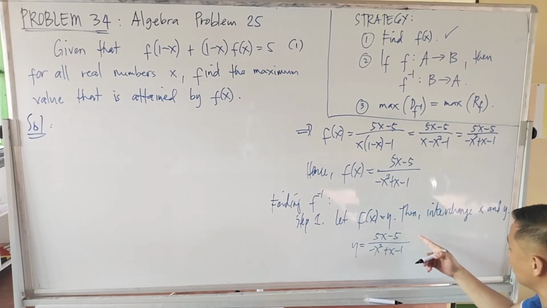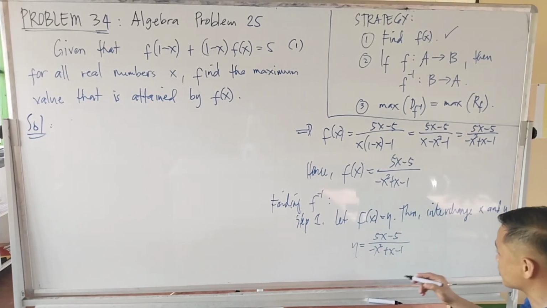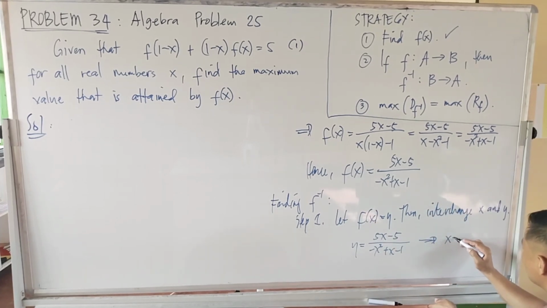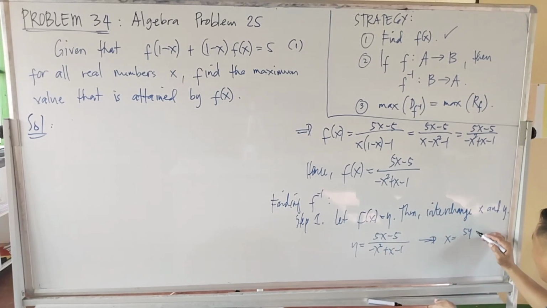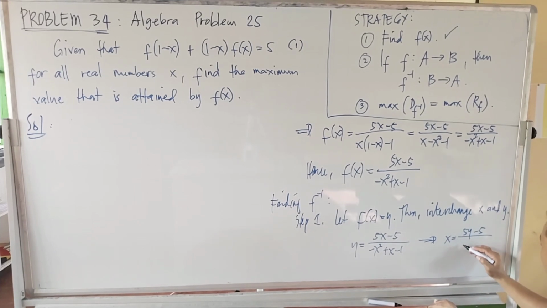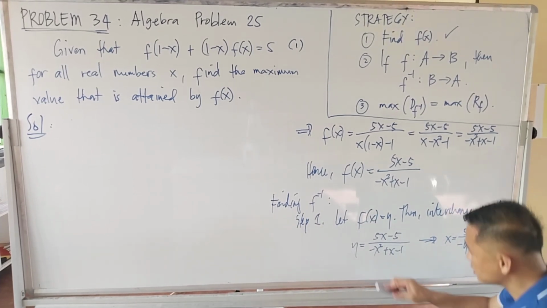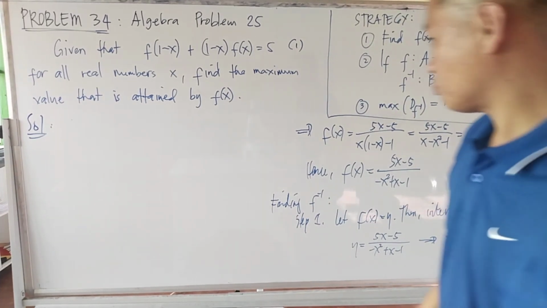Okay, then after that, we're going to interchange x and y. So this follows that we have x is equal to 5y minus 5 over negative y squared plus y minus 1. Okay, so let us now proceed to step 2.